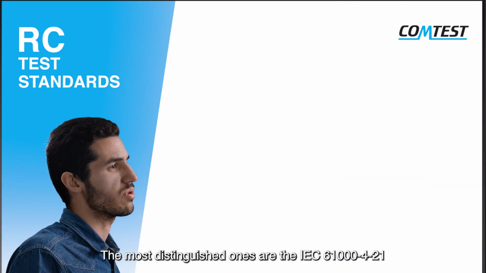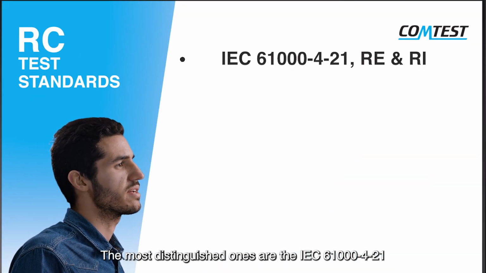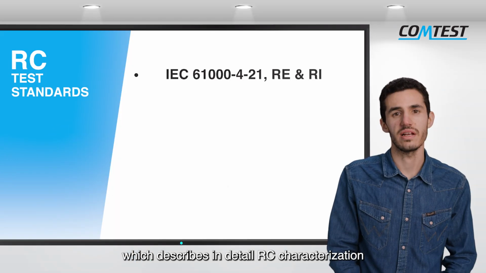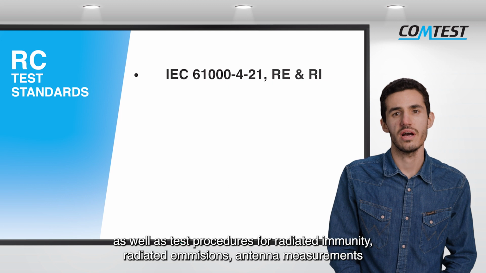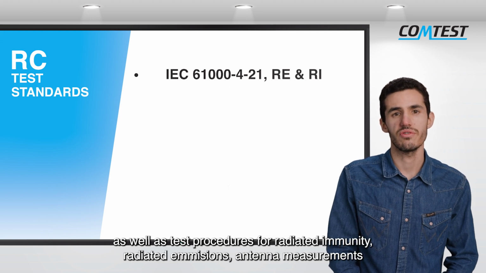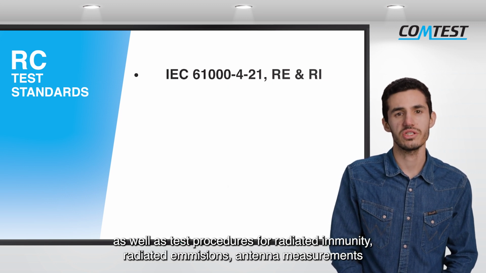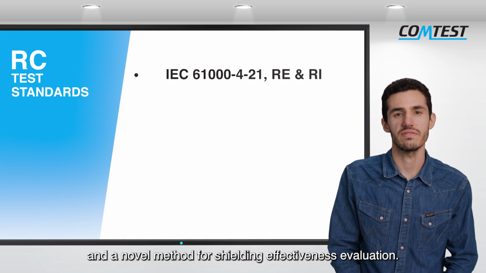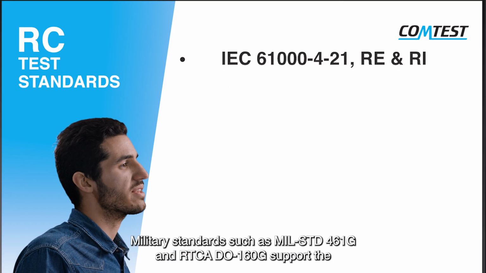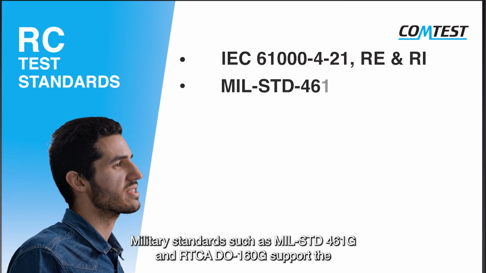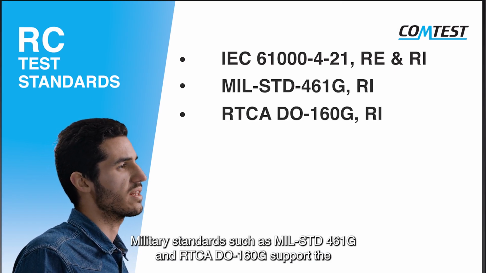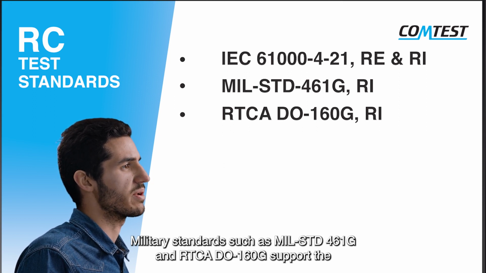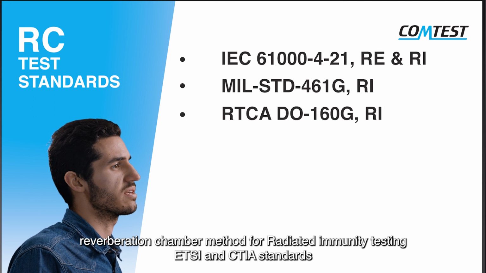The most distinguished ones are the IEC 61000-4-21, which describes in detail RC characterization as well as test procedures for radiated immunity, radiated emissions, antenna measurements, and a novel method for shielding effectiveness evaluation. Military standards such as MIL Standard 461G and RTCA DO-160G support the reverberation chamber method for radiated immunity testing.